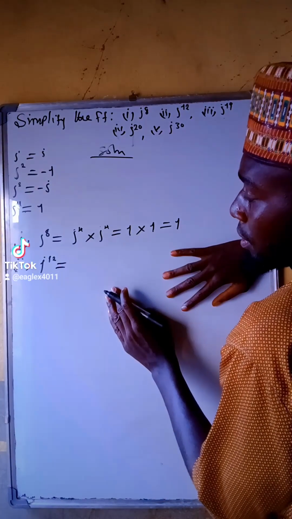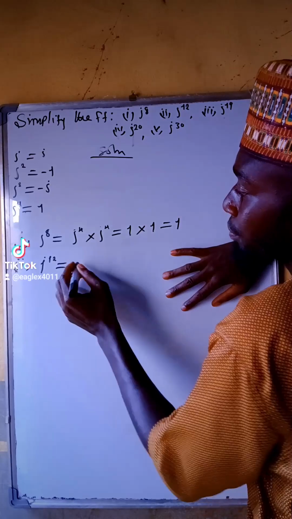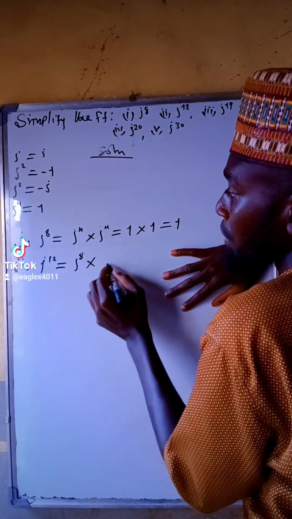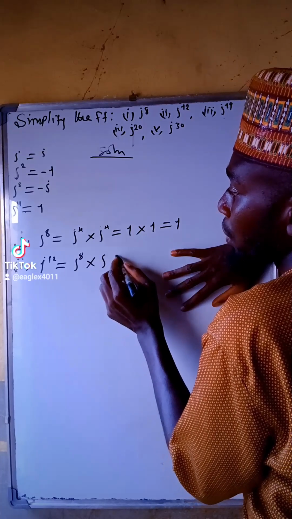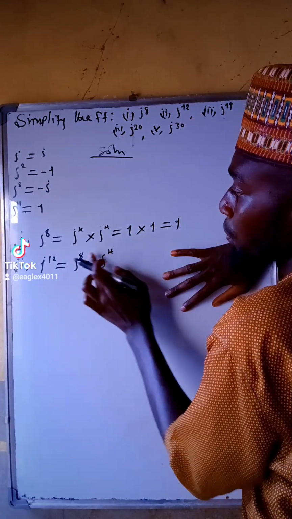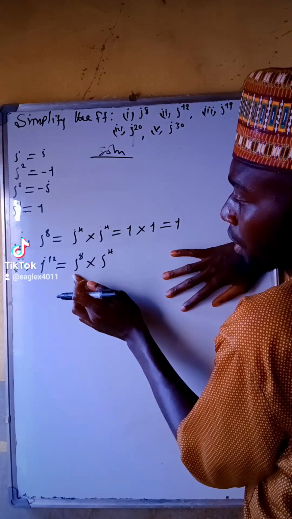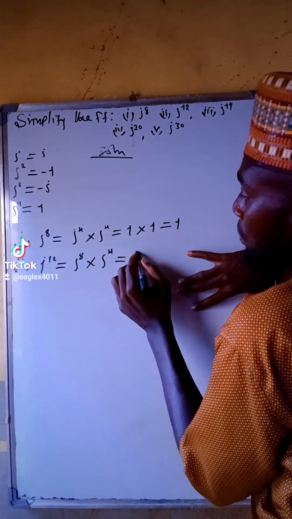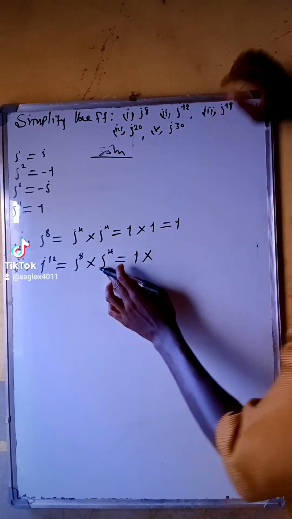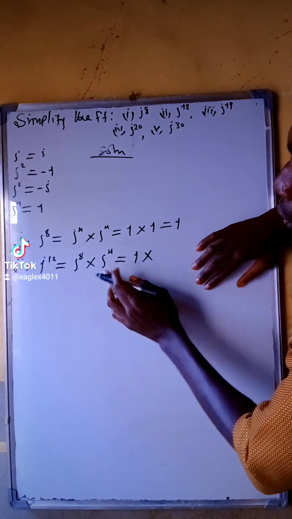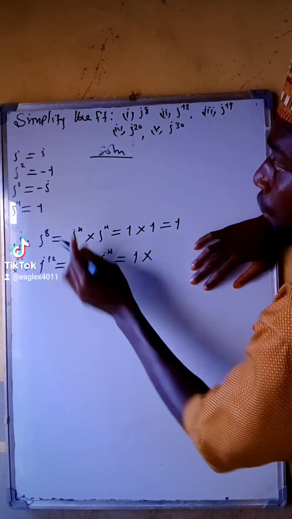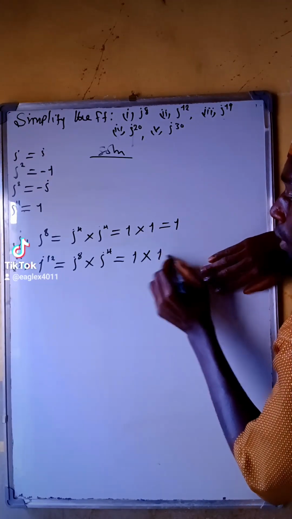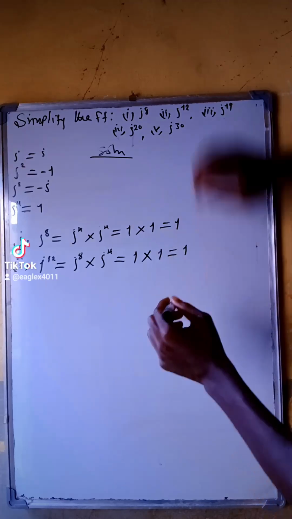This is the same thing as i raised to the power of 8 multiplied by i raised to the power of 4, because 4 plus 8 gives us 12. But i raised to the power of 8 is 1. Then you write 1 multiplied by i raised to the power of 4. i raised to the power of 4 is 1, which is 1 times 1, equal to 1 for question 2.